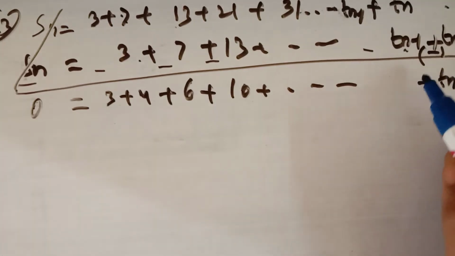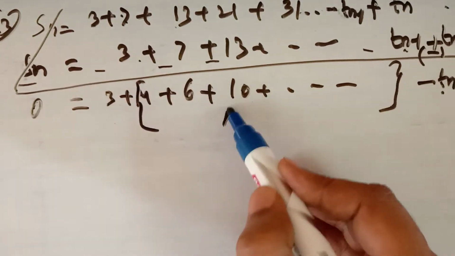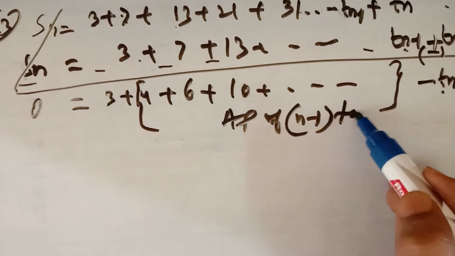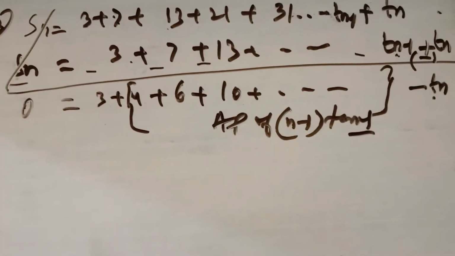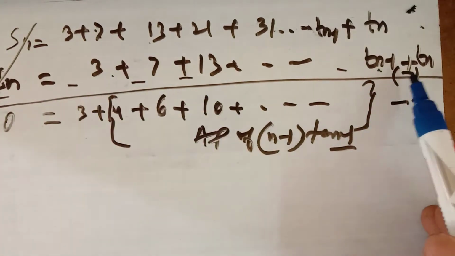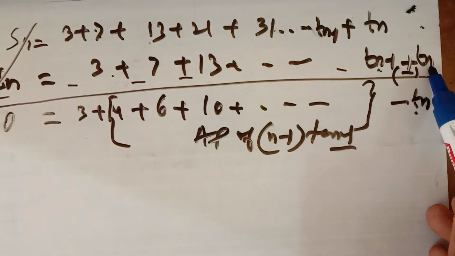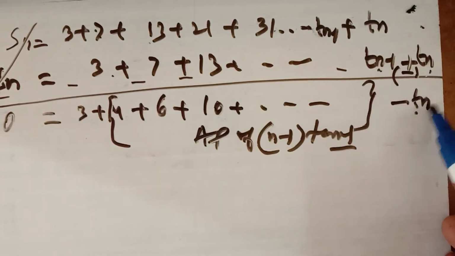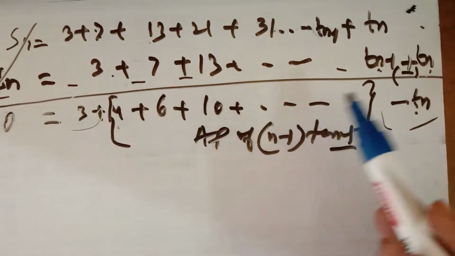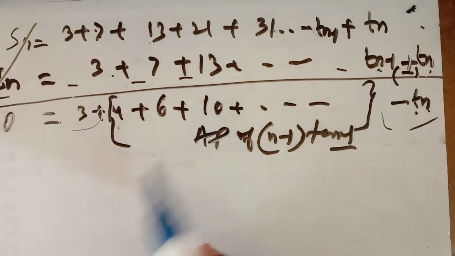If you see it very carefully, the terms before tn and 4 are forming an AP of n minus 1 terms. क्यों n minus 1 terms है, यहाँ से लेकर यहाँ तक आपकी n terms है. जैसे ही आपने 1 term आगे shift करा, so from this to this it will become n plus 1 terms, and you are deleting, not taking this term and not taking this term. So from this to the term preceding this will be n minus 1, and it is an AP.